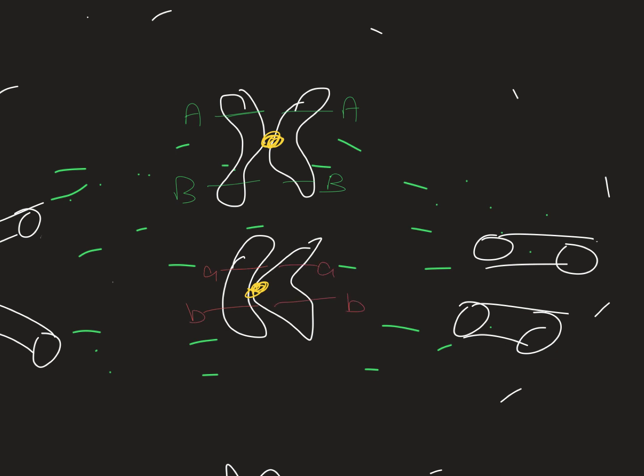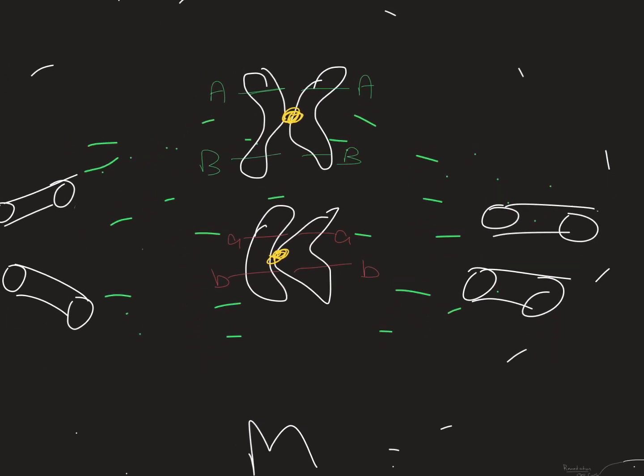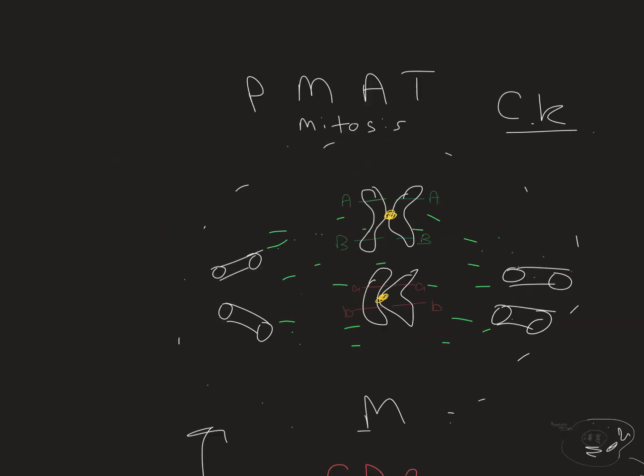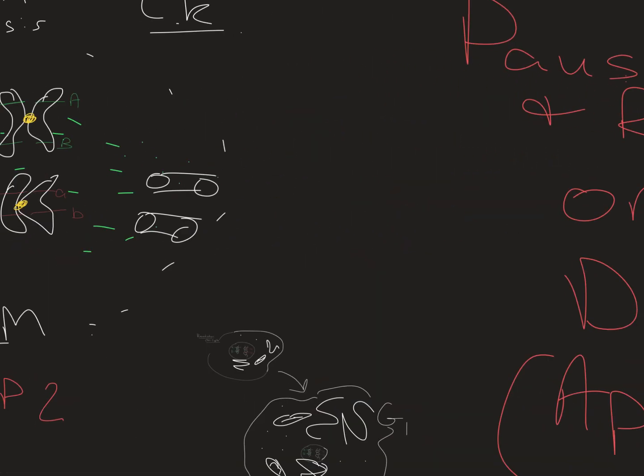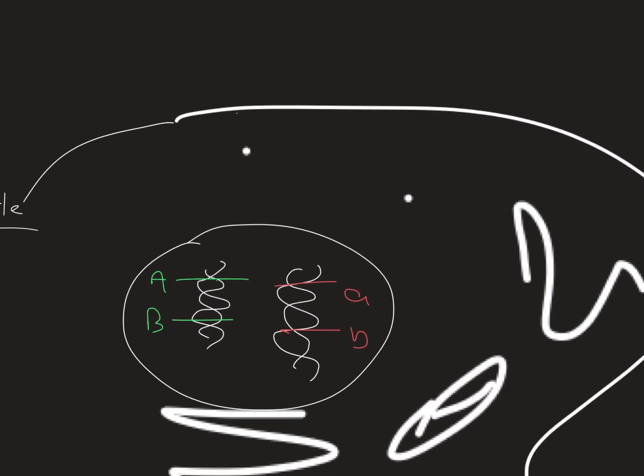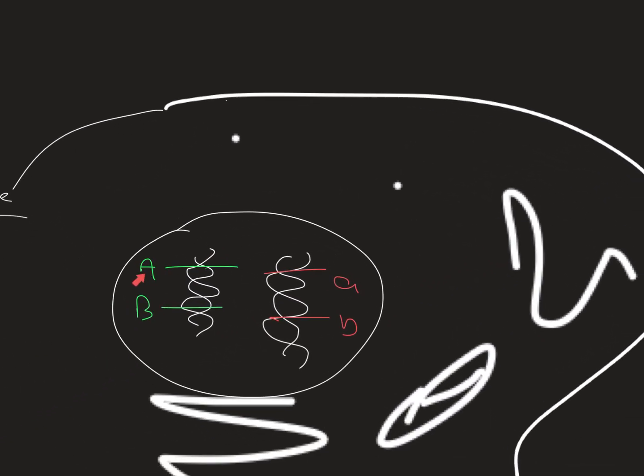If we go back to the very beginning of the problem that you were given, what was your genotype? Big A, and big B, little b, correct? Yeah, that's your genotype.